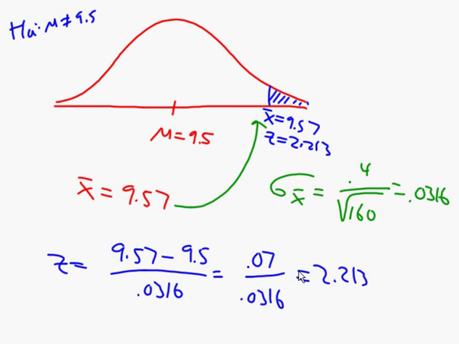This is where that has a consequence. What you do is you use the symmetry of the normal curve. We know that our x bar was 2.213 standard deviations above the mean. We now go over here to z equals negative 2.213 standard deviations below the mean. Okay? And then we shade in that area also.